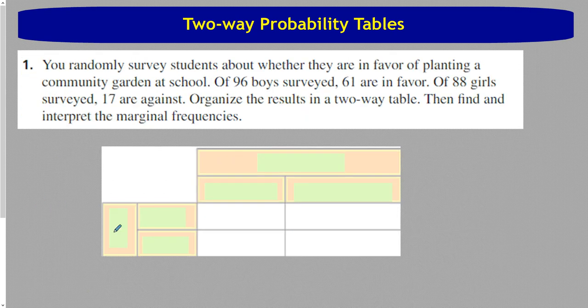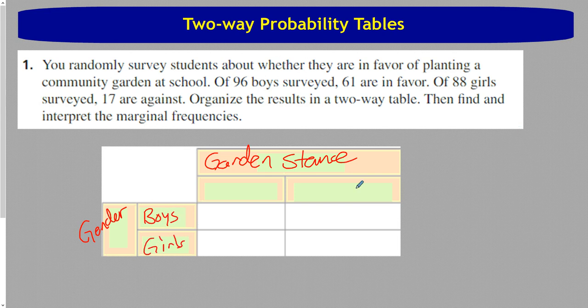So we might call this gender and, I don't know, garden stance, whether they're for or against it. So 96 boys surveyed. So we're going to have boys and girls. 61 are in favor. So then we need to have in favor and against.